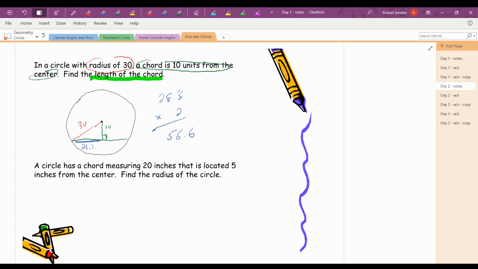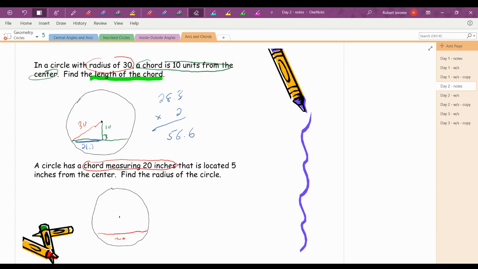Let's look at the last one. We have a circle. There's its center. So now we're going to go piece by piece here. A chord that's 20.